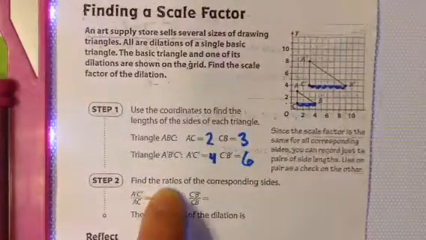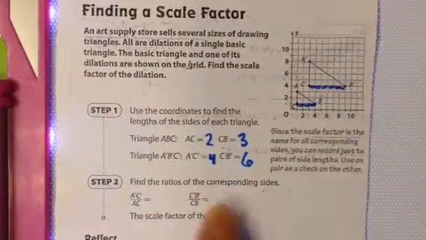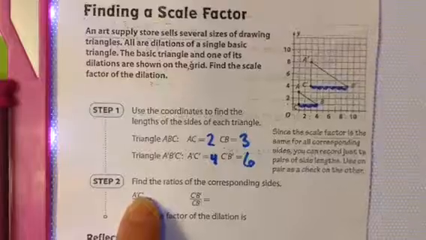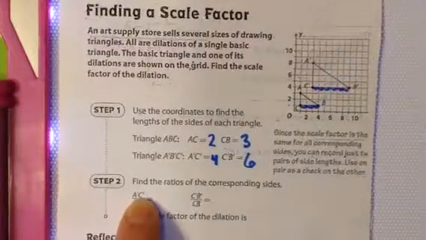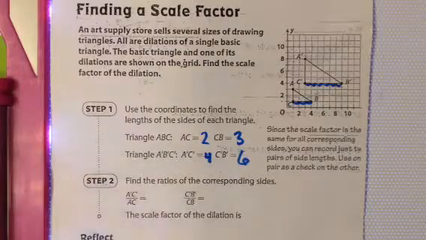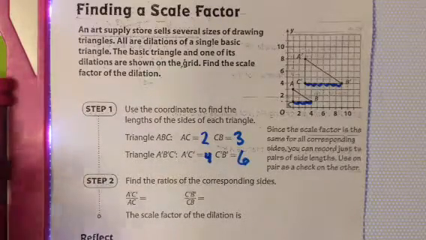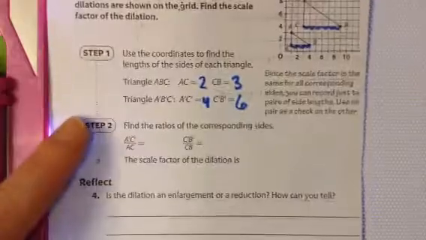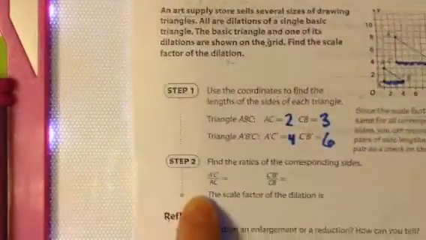They want us to find the ratios of the corresponding sides. So on that first note page, it said that the scale factor was a ratio of the original and the new dimensions. So that's why we're setting up ratios.